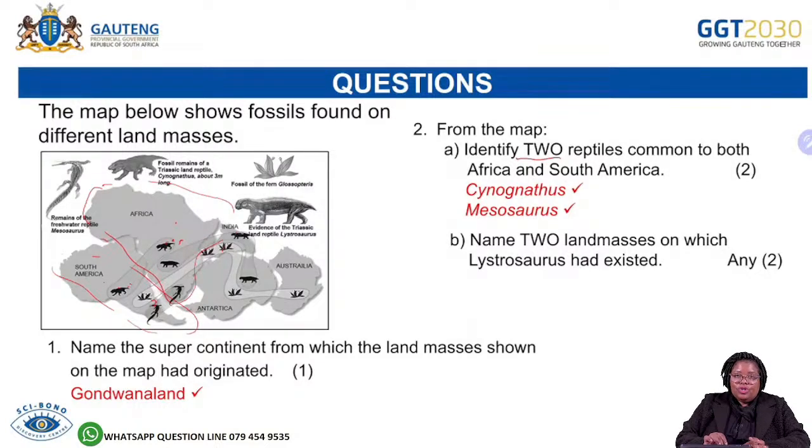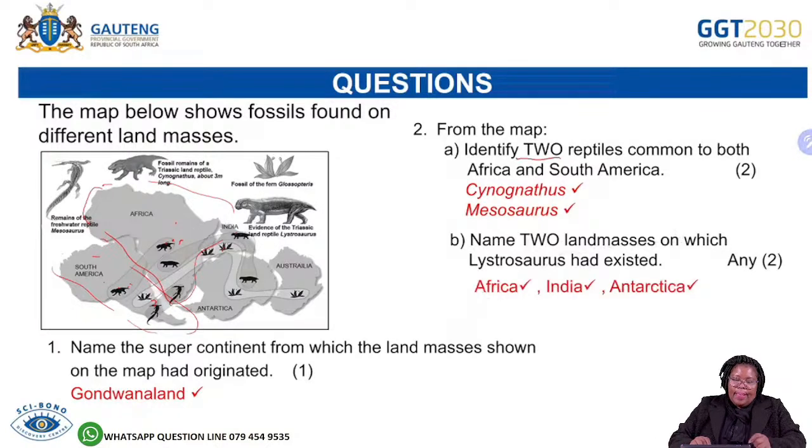Now, the other question says, name 2 land masses on which Lystrosaurus had existed. So you go again to the map, you identify the Lystrosaurus, right? And then you answer 2 land masses which are found there. Now, the 2 land masses that are found there is Africa. This is Africa. Okay, Africa.